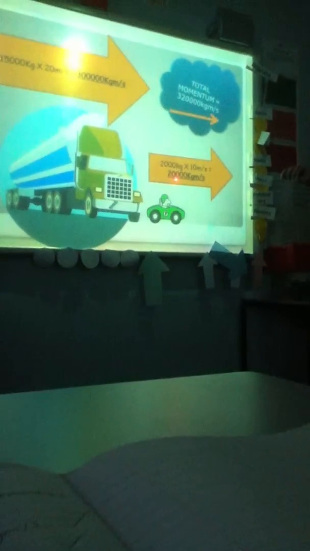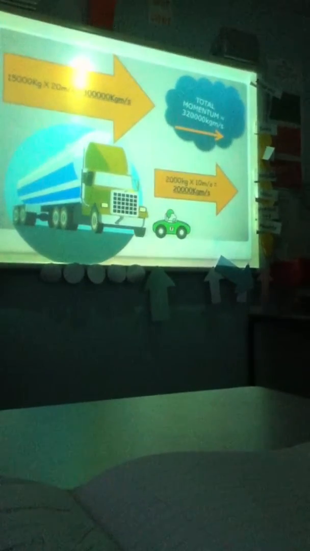So that is the total momentum: the momentum of the lorry added to the momentum of the car. The law of the conservation of momentum tells us that once the lorry smashes into the car, the total momentum will still be 320,000 kilogram metres per second.